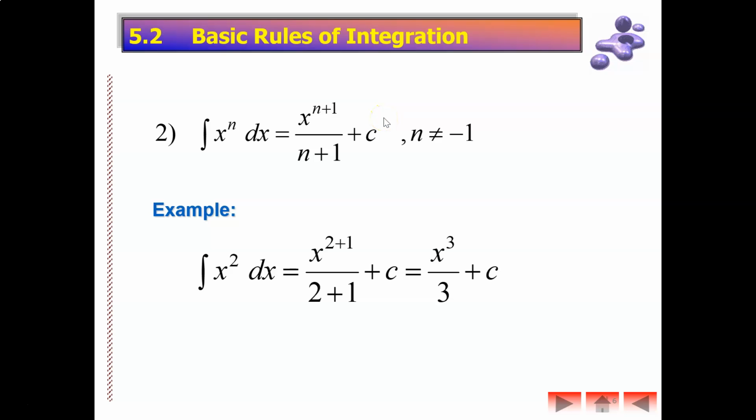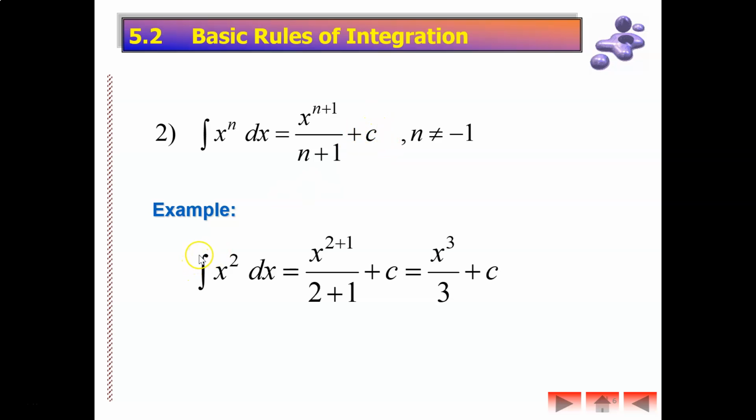When you perform differentiation, you need to minus 1, right? The power you have to minus 1, tolak 1 bila kita perform differentiation. But when we perform integration, you have to add 1 to the power. So originally you have x to the power of n. When you integrate, you will have x to the power of n plus 1, divided by this new power, n plus 1. And don't forget to put your c, your constant.